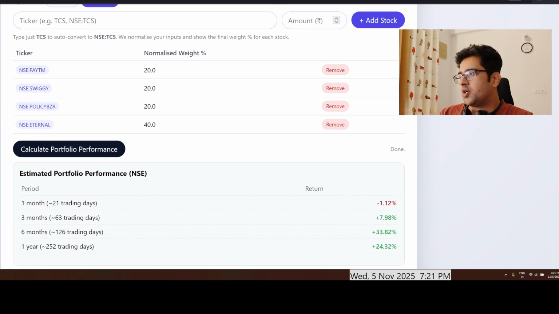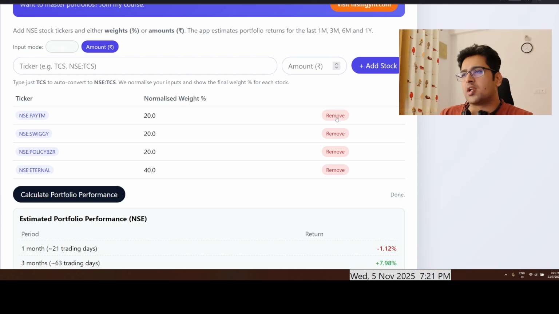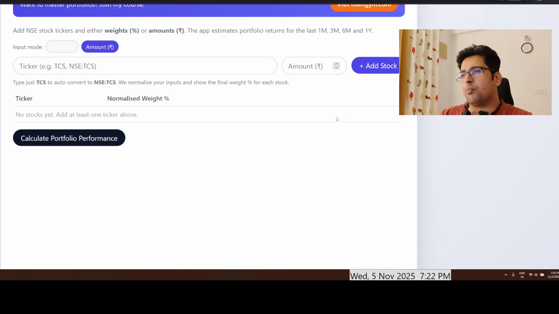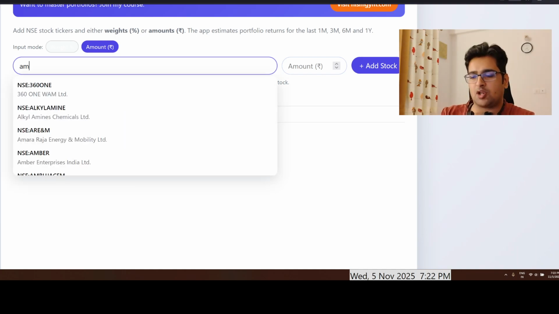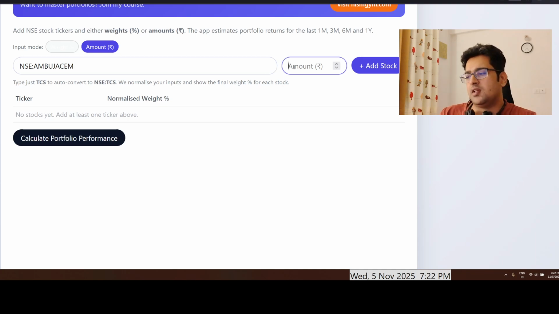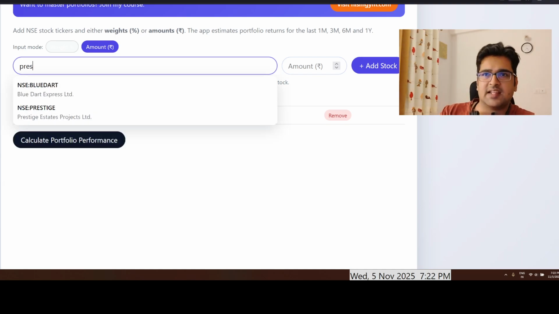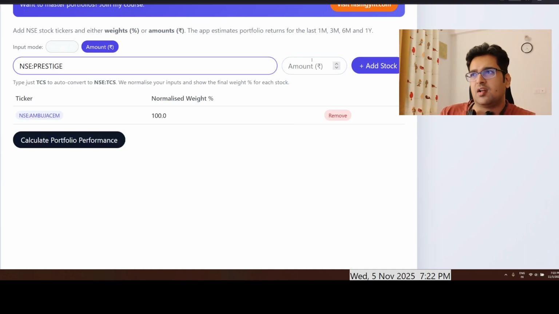So that is all that I wanted to do here. And just for good measure, a parting shot, let's do a couple more combinations just so that I can satisfy my curiosity. I want to do a little bit about cements, actually a combination of cements and real estate. So let's try to see what this is going to look like.